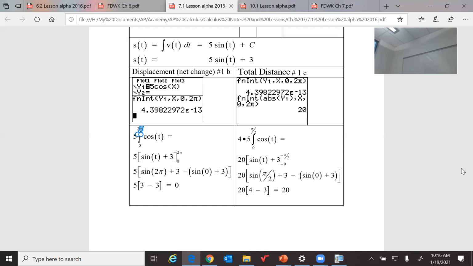And then multiply that by 4 trips. Because I'm going to do this without a calculator, I don't want to get involved with the absolute value. I'm just going to take the 1/4 of the trip that I know is going to give me a positive answer, quadrant 1, and expand that by a factor of 4. Okay? So all of this in the alpha lesson was a review.